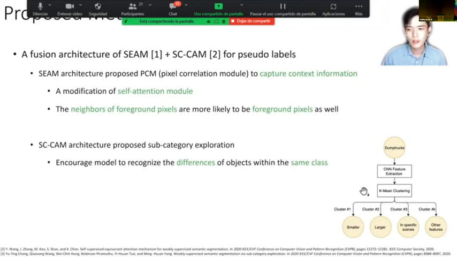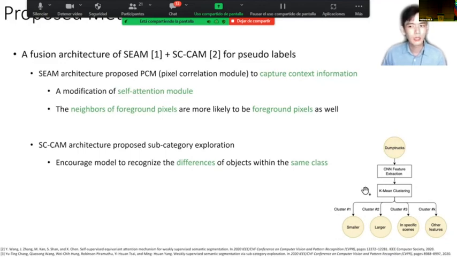If you visualize the smaller classes, you may discover that cluster number 1 could be the dump trucks that are smaller in the images, and cluster number 2 will be the dump trucks that are larger in the images. Cluster number 3 could be the dump trucks in specific scenes, for example, construction scenes, and so on and so forth for other clusters.